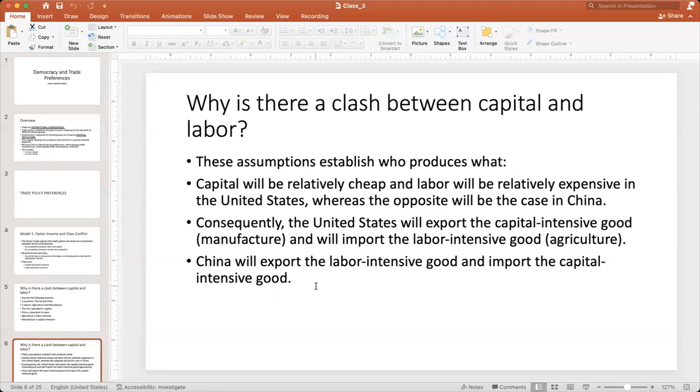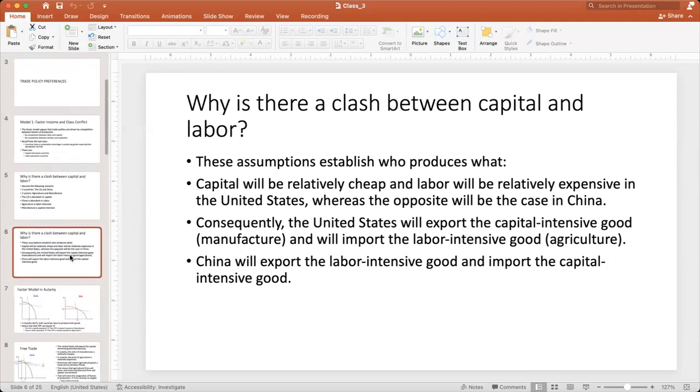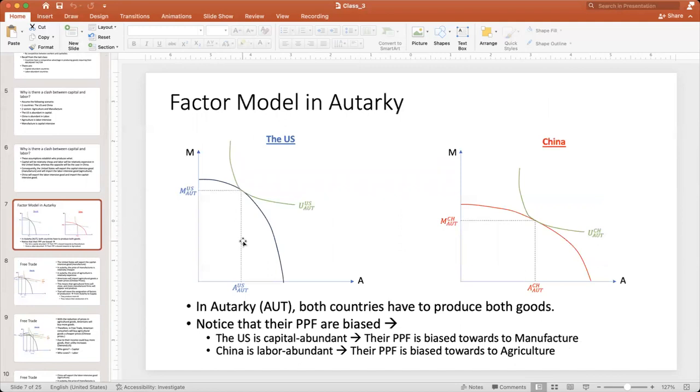The opportunity cost generates the specialization patterns, and the United States will specialize in the production of manufactures, producing more than the national demand to export these goods to the international market. In that process, they will import the goods that they sacrificed in order to produce more manufactures. In this case, it's agriculture. The same is true in China. We can see that in the factor model in autarky.